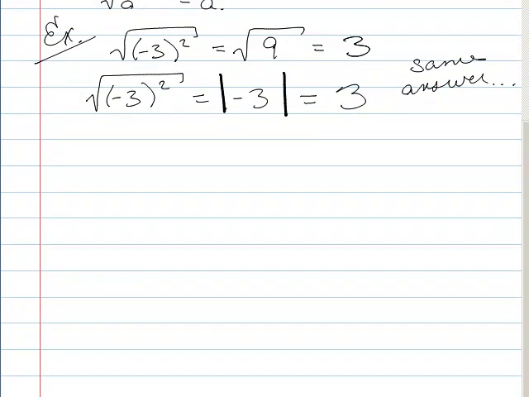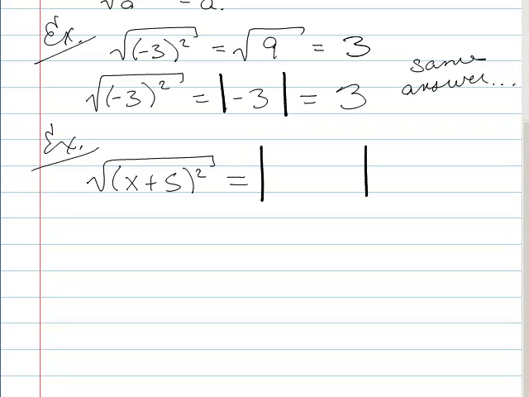So let's take a look at another one. If we had the square root of x plus 5 squared, we can't work that one out like we could with just numbers. So what we're going to do is write the absolute value of what was on the inside, which would be x plus 5.